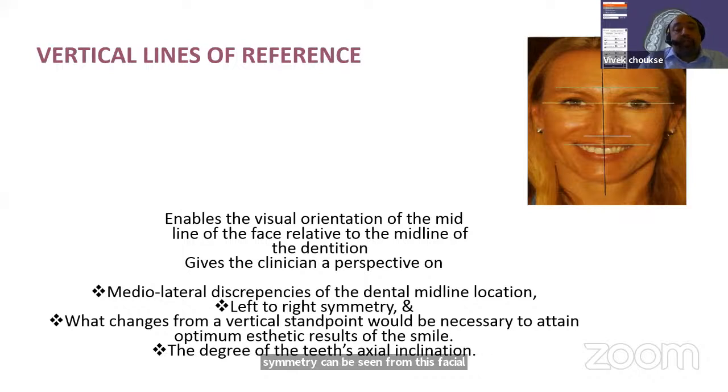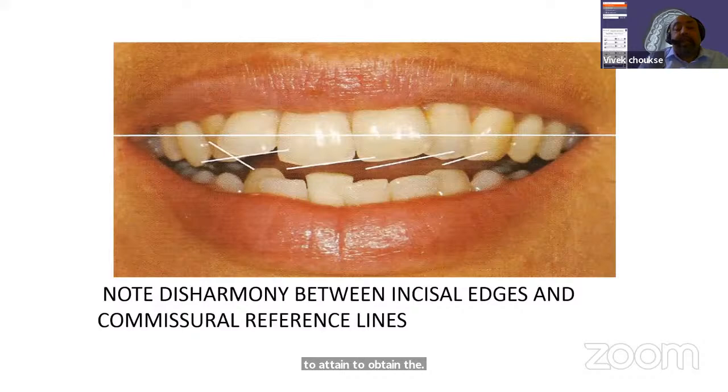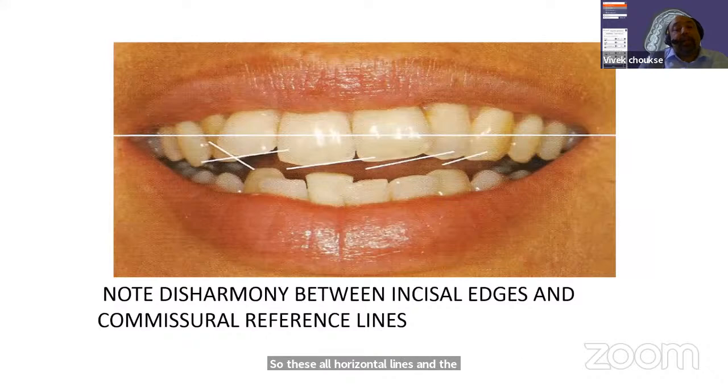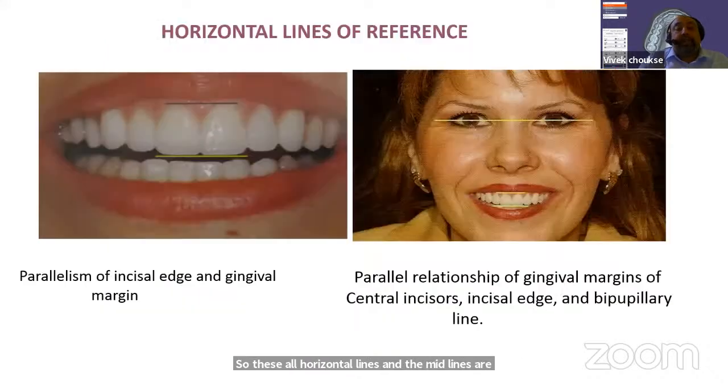Then what changes from the vertical standpoint would be necessary to obtain aesthetic results of the smile? As we can see, there is disharmony between the incisal edges and the commissural reference lines. So all these horizontal lines and midlines are important reference lines from which we can draw conclusions very easily.